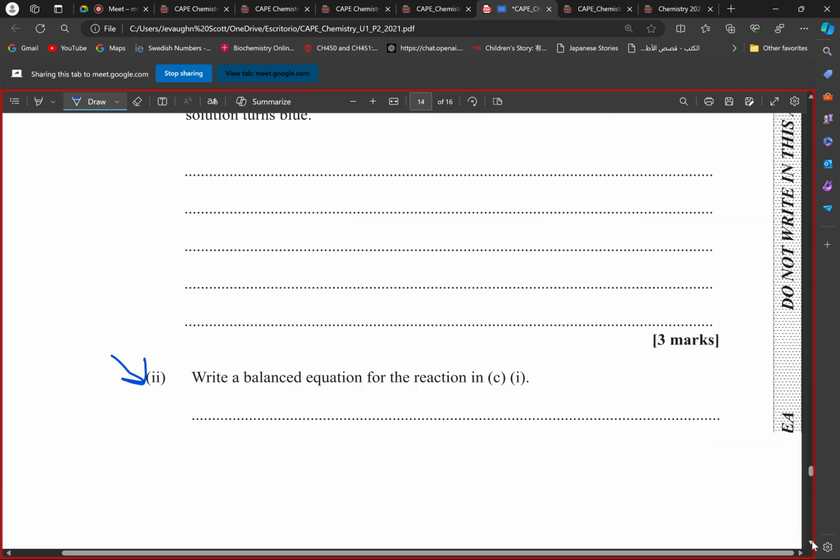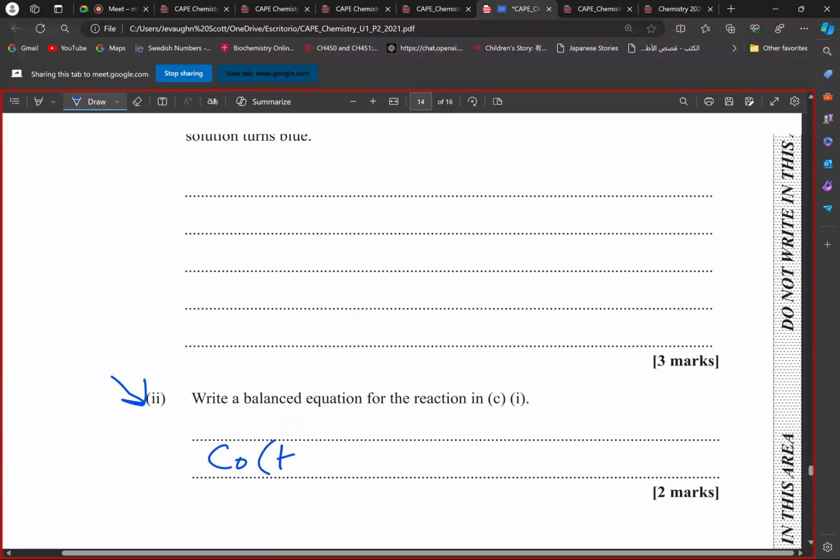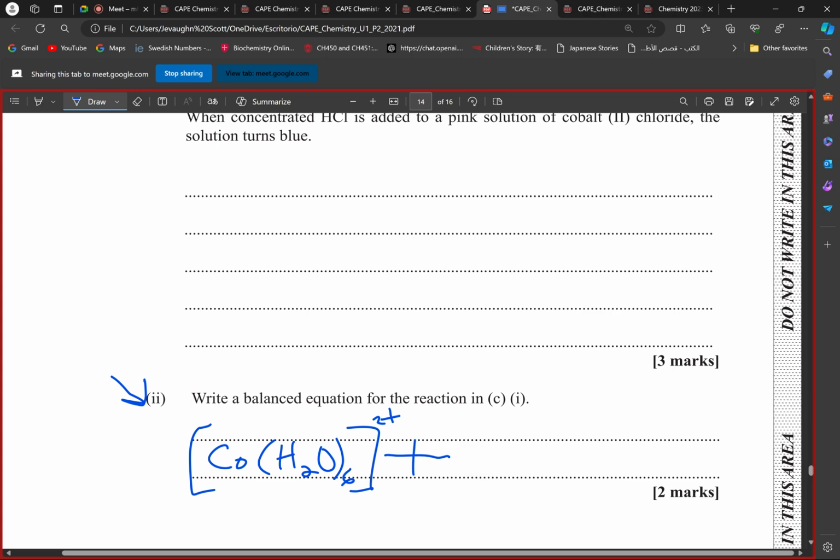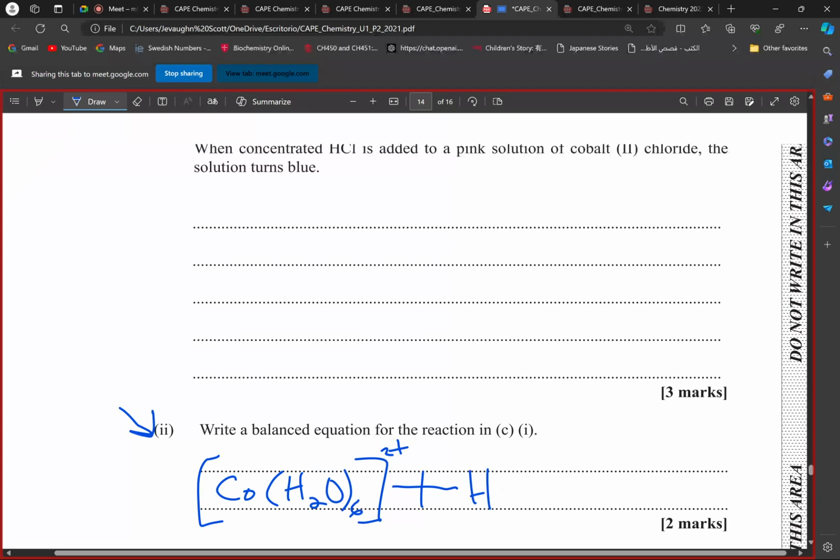And what we're asked now to do is to write our balanced equation for this. So what we have here is hexaaqua cobalt, [Co(H2O)6]2+, and we're going to add HCl.